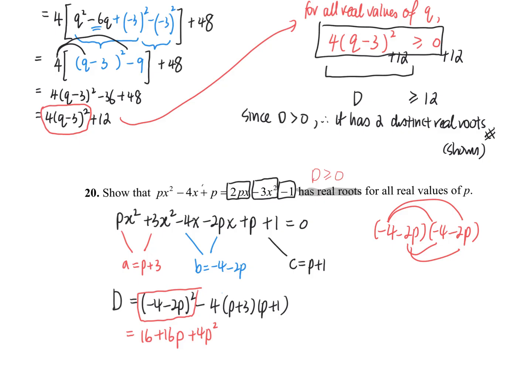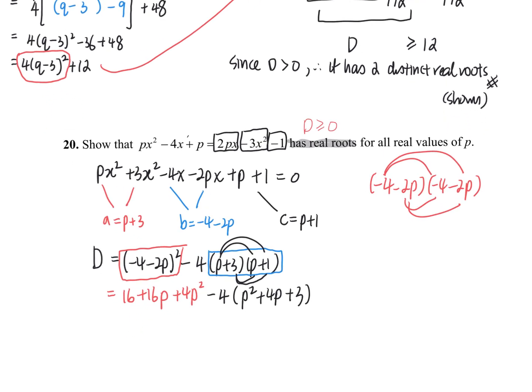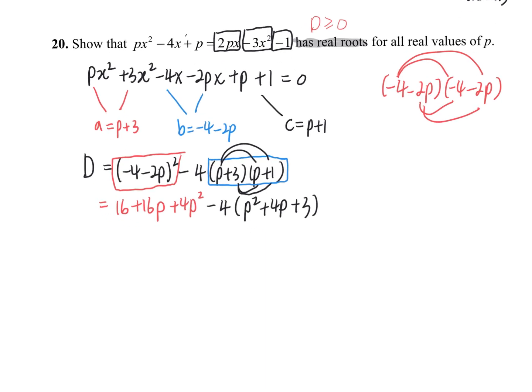Okay, next one. I would prefer that you expand this out fully first before you multiply the negative 4 in. It is less accident prone. Okay, so this is p squared plus p plus 3p, so plus 4p. 3 times 1 is 3, not 4. I have many students making this mistake.